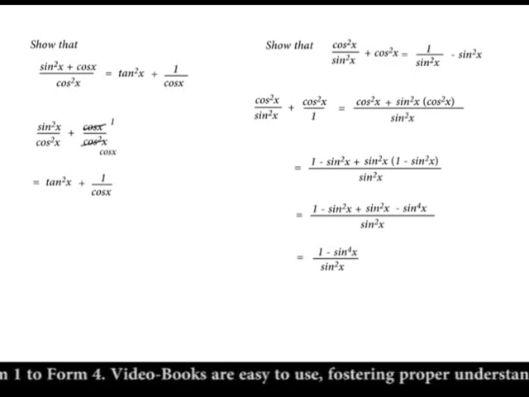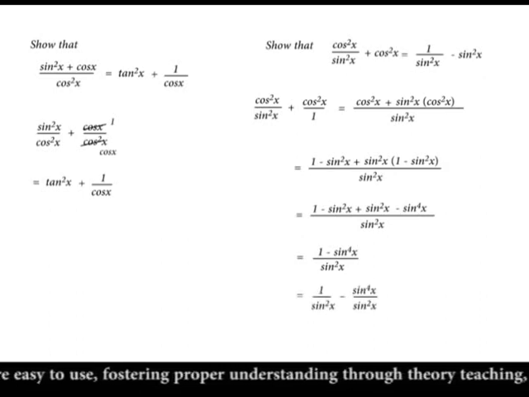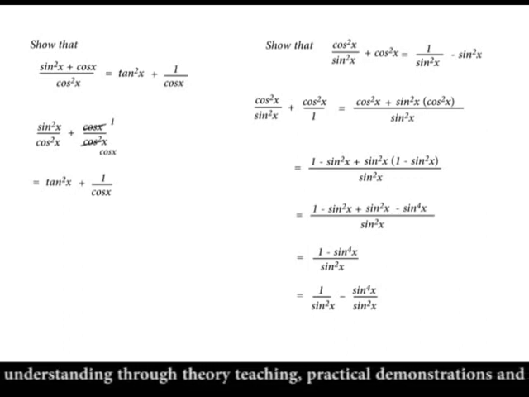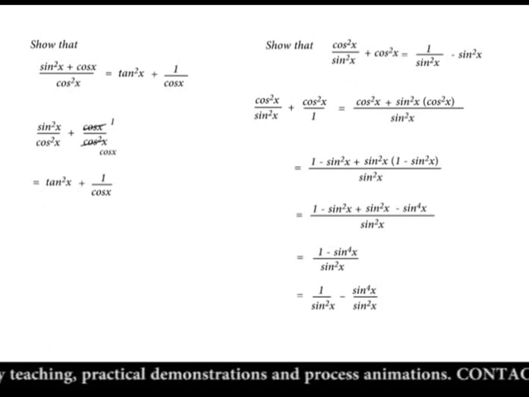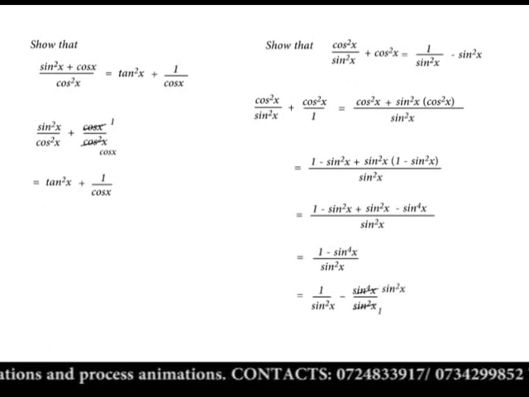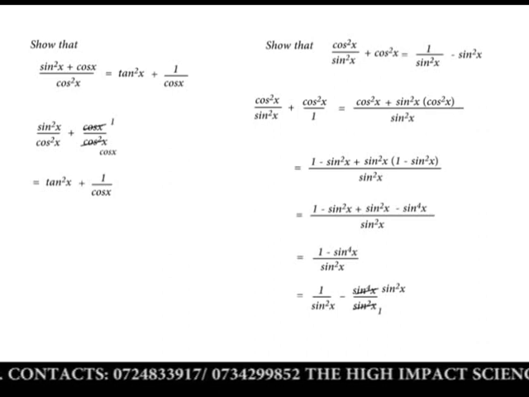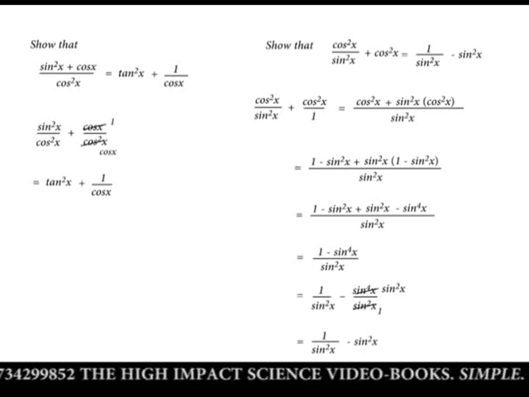We break that into distinct fractions, and we shall have 1 over sine squared x minus sine to power 4 x over sine squared x. Sine squared x will divide into sine squared x once and into sine to power 4 x sine squared x times, and so we shall remain with 1 over sine squared x minus sine squared x.